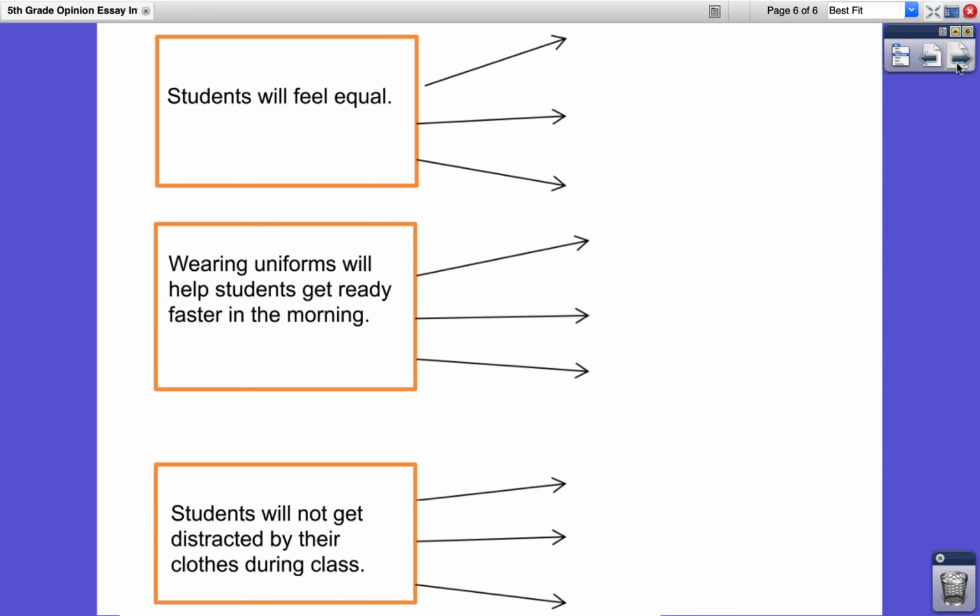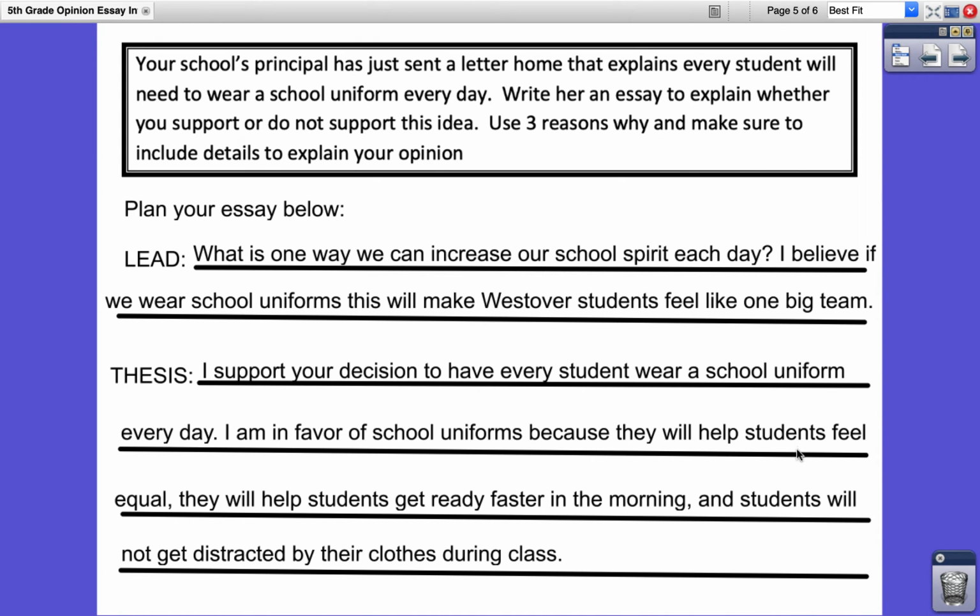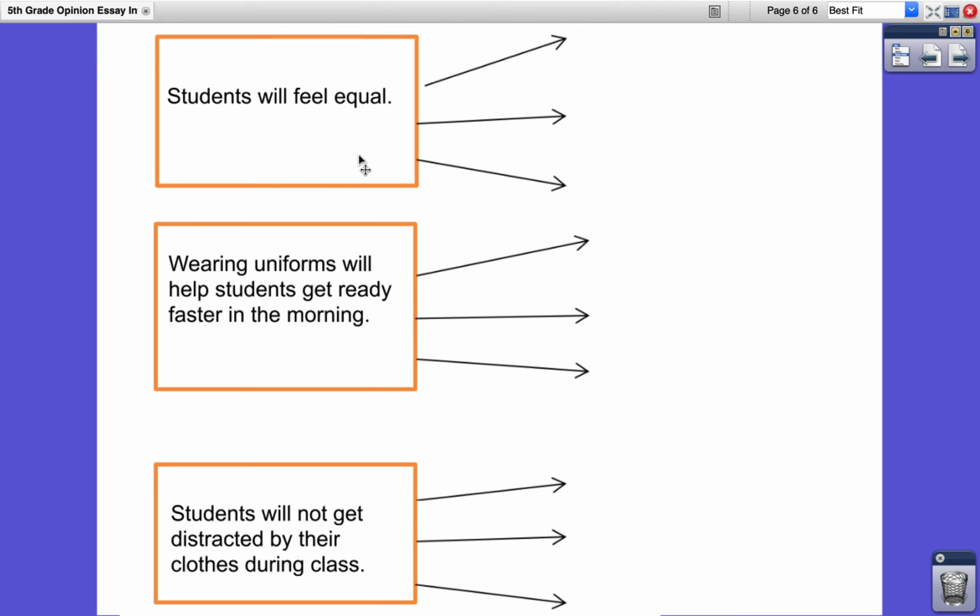So on that piece of paper that was sent home, you'll see these boxes, and then there's 3 arrows going off of each. What I did, I took my first reason from my thesis. That's my first body paragraph, and I wrote it here. And then my next step would be to write out examples or details.